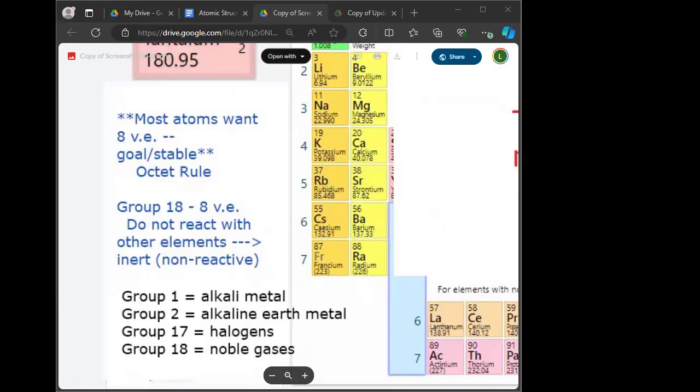And that desire to have 8 valence electrons is called the octet rule. So definitely be familiar with that term in case you ever see the term octet rule. You know what it means. It means the desire to have 8 valence electrons.